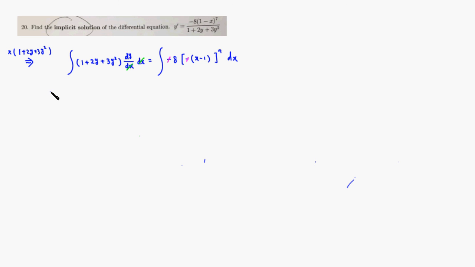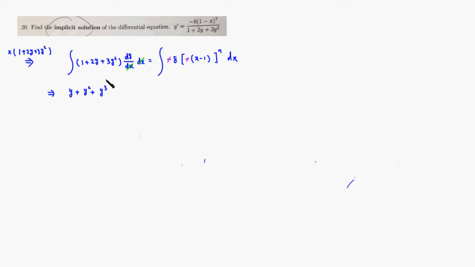So what you get here is the antiderivative of 1 with respect to y, which is y, the antiderivative of 2y with respect to y, which is y squared, and the antiderivative of 3y squared with respect to y, which is y cubed.